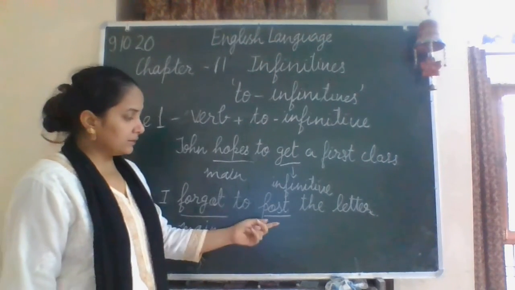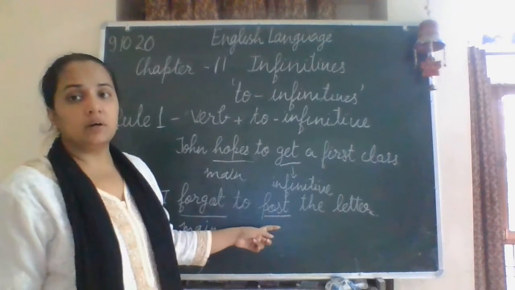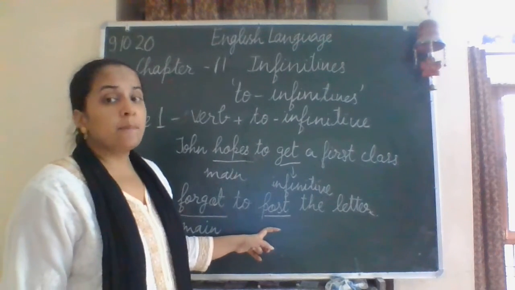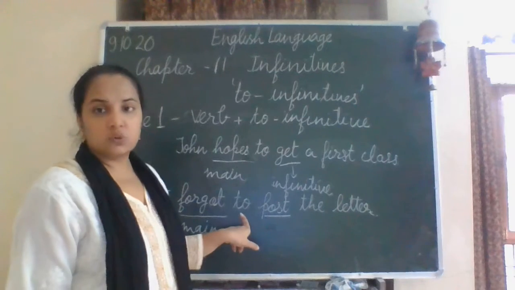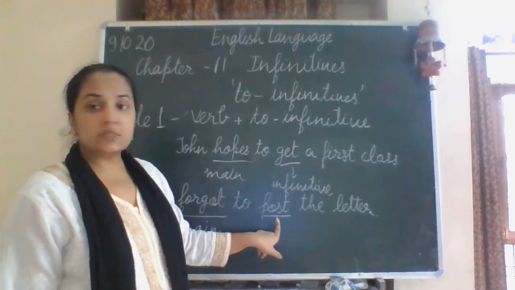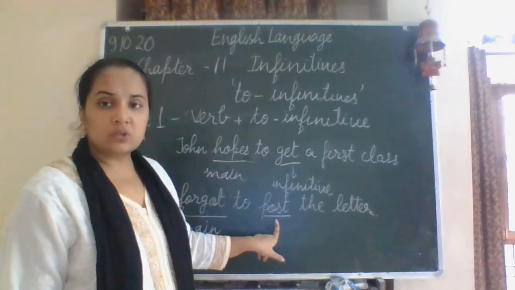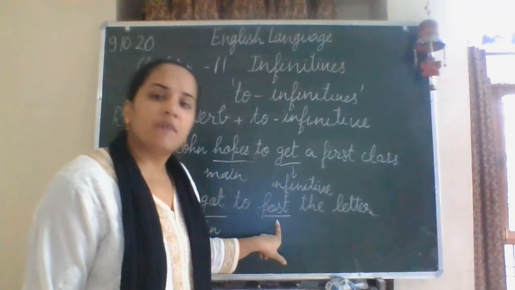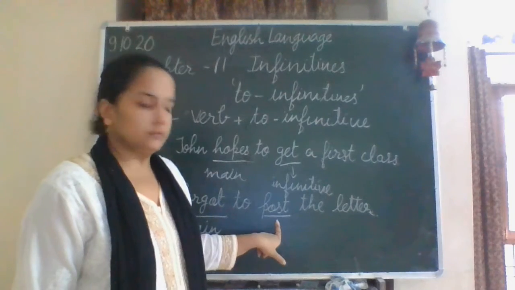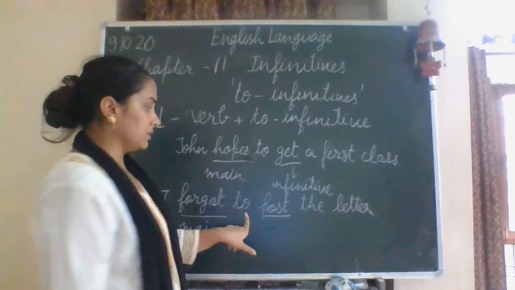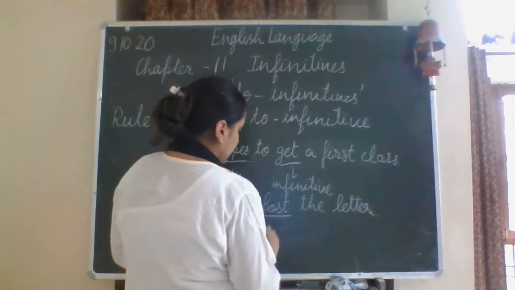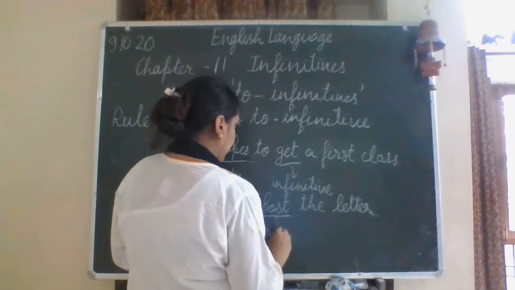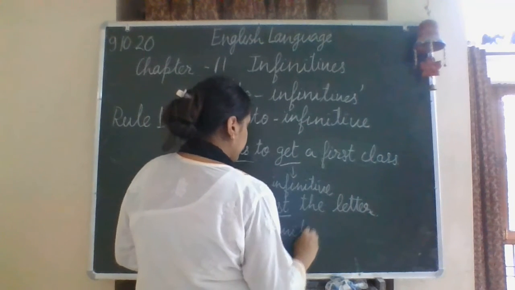Whereas post is the second verb which is used in the sentence, but you can see to is used before this base form of the verb. Post is also the base form of the verb or the first form of the verb, and to is written before it. That's why this is an infinitive.